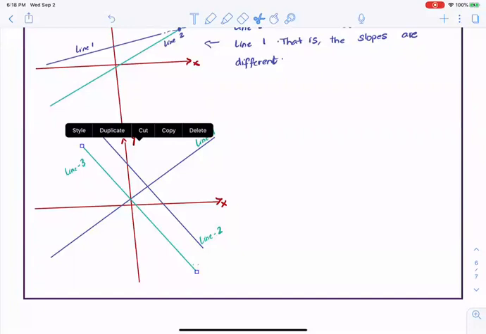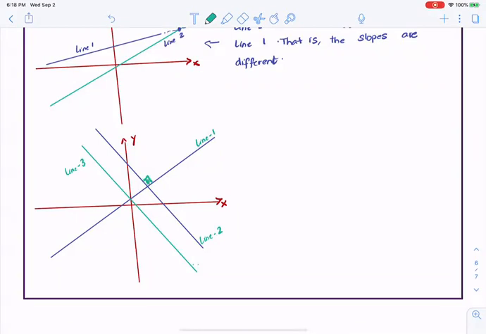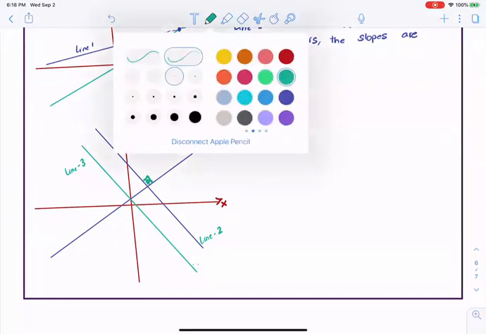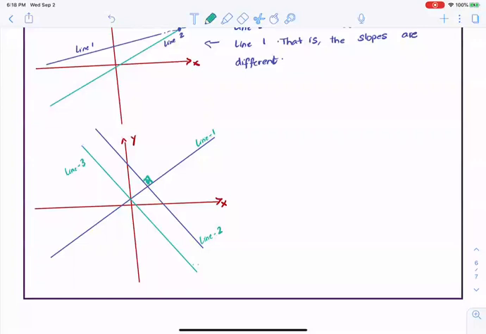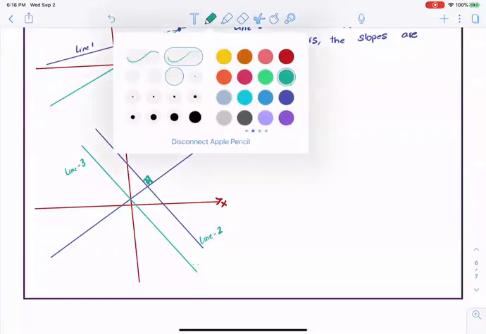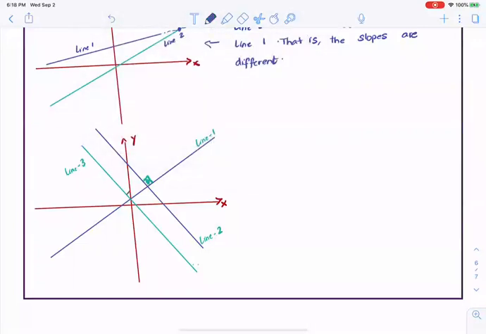So line 2 and line 1 intersect at a right angle, right there. And the same with line 3 and line 1. So both of them intersect the line at right angles.